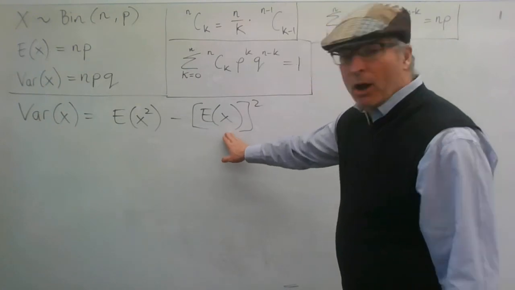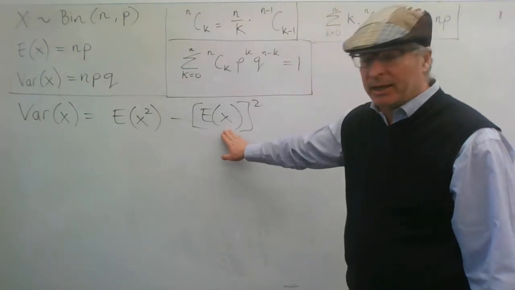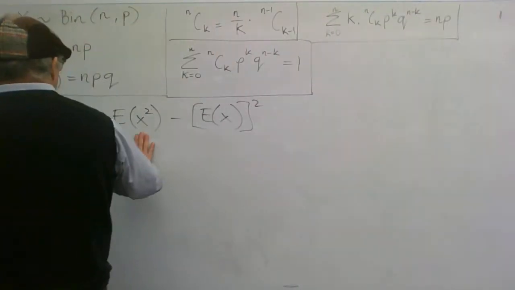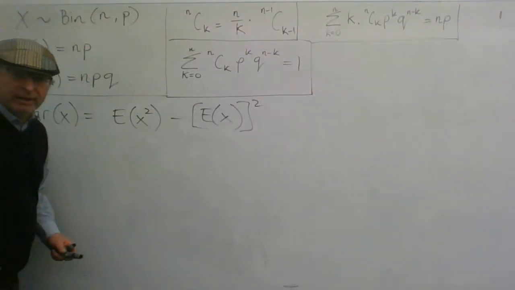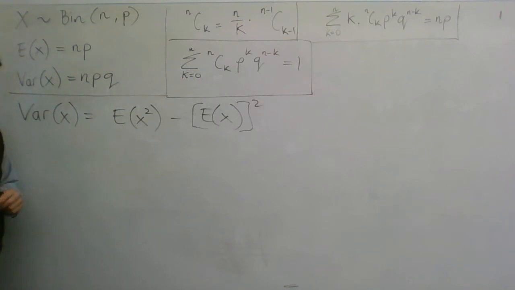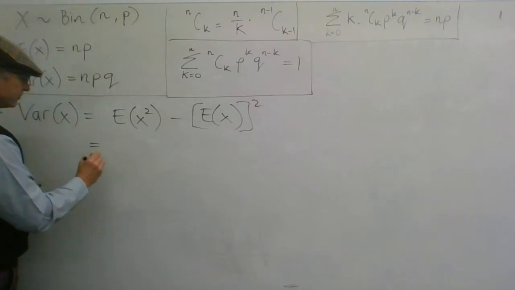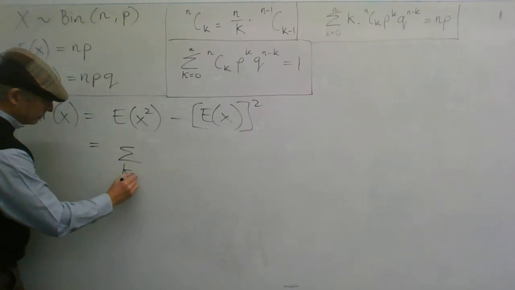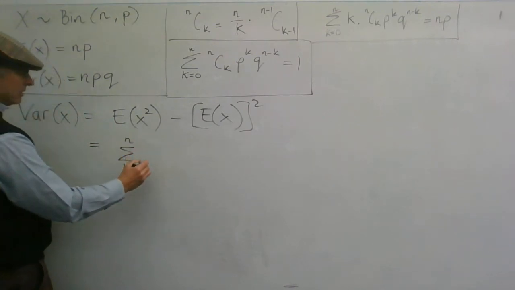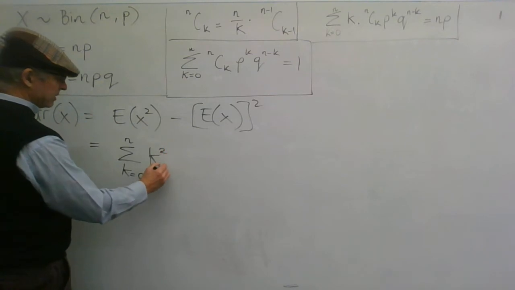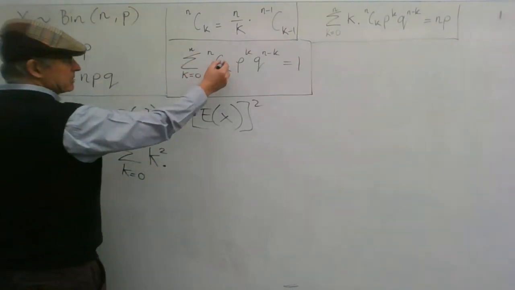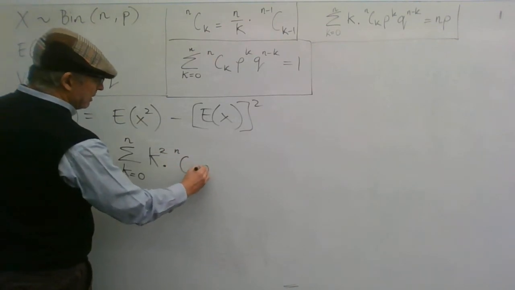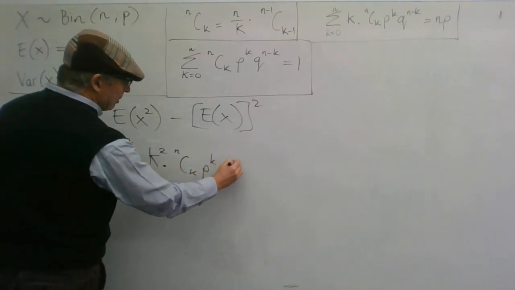We already know that E(X) is np, so I can put np in for that. Here, I'm going to have to look at the sum of all the x squared p(x)'s. So this is the sum from k equals 0 up to n of k squared times p(x), which is nCk p^k q^(n-k).